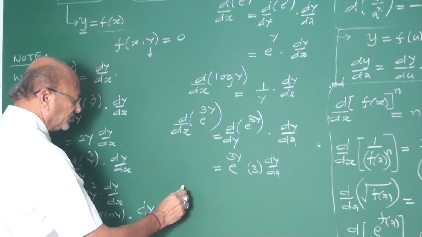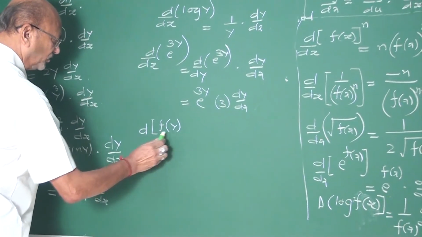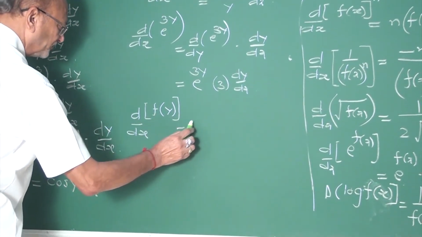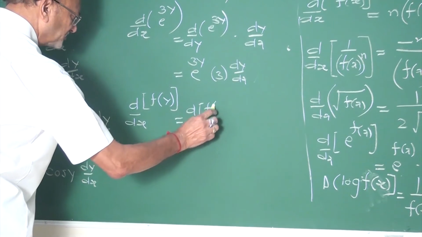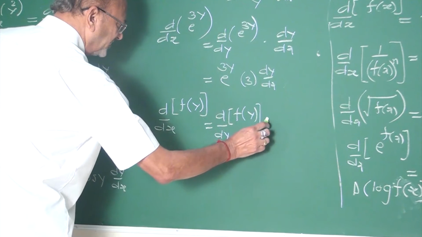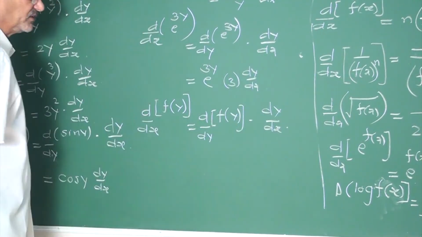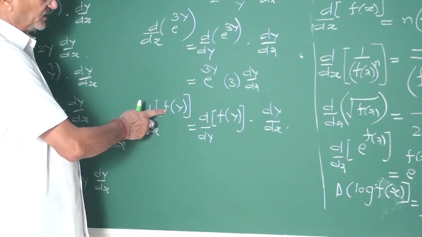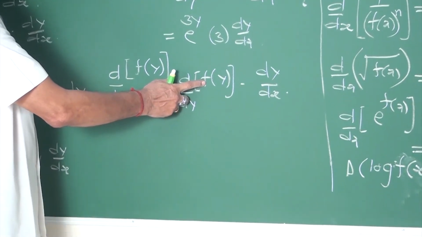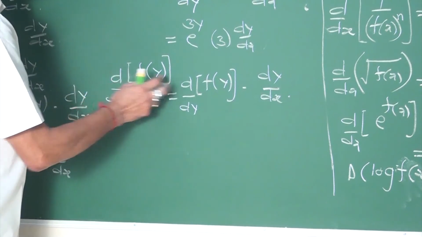Therefore, in differentiating a function of y with respect to x, first you differentiate that function of y with respect to y, then y with respect to x. From this, what is clear? If the given function is a function of y, first differentiate the function of y with respect to y, then multiply by dy by dx.